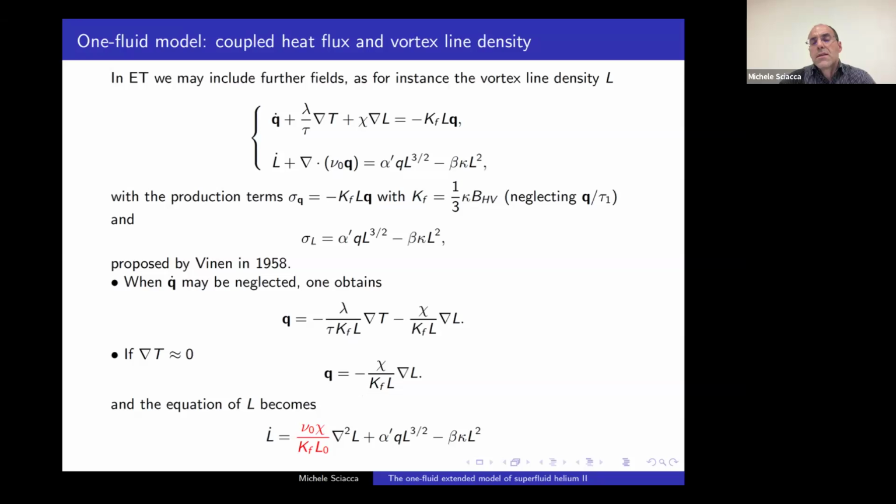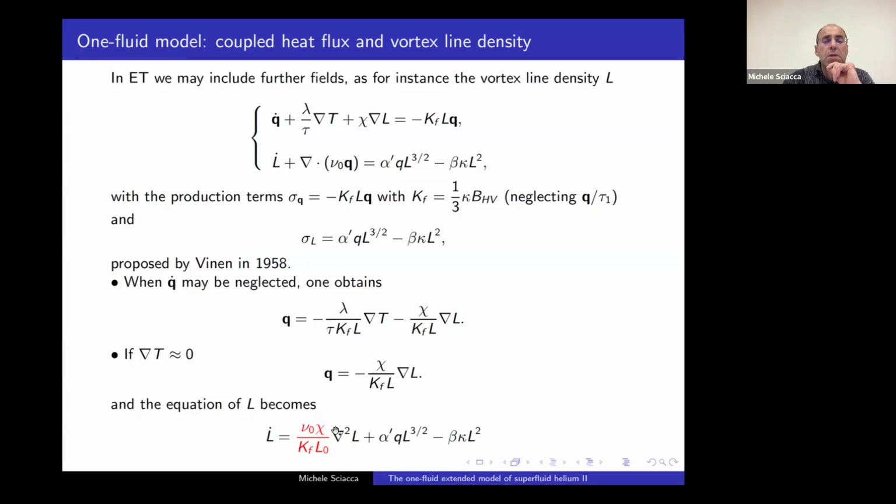It becomes much clearer if you substitute this term in the second equation and you arrive at this expression. Apart from the last two terms, the first two terms, in particular the red one, allow us to see that there is a kind of diffusion term, because these two terms are essentially a parabolic equation.